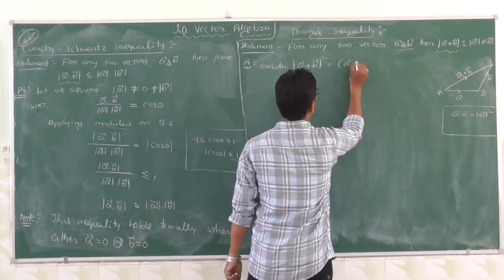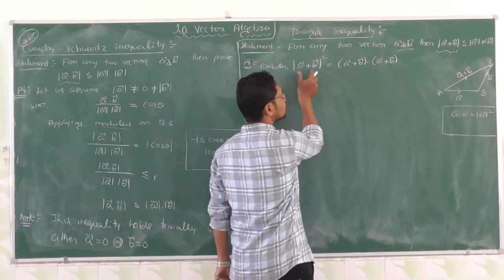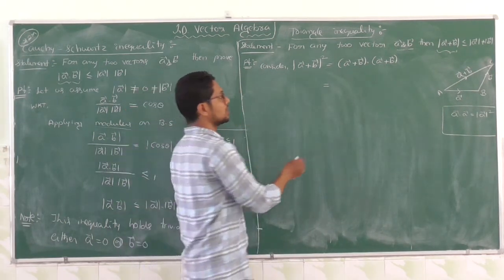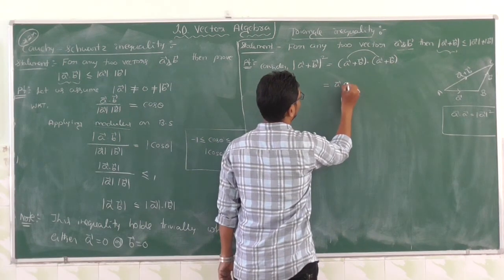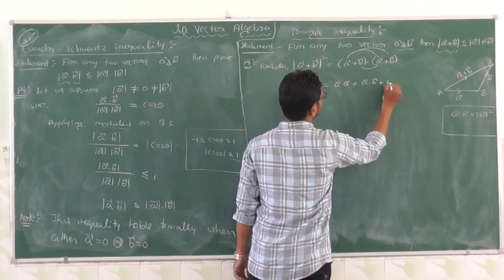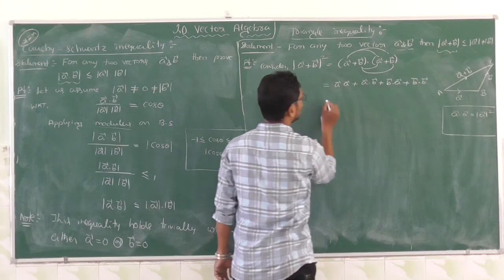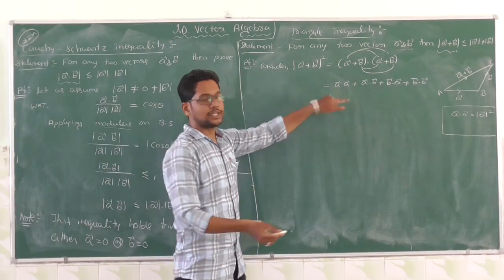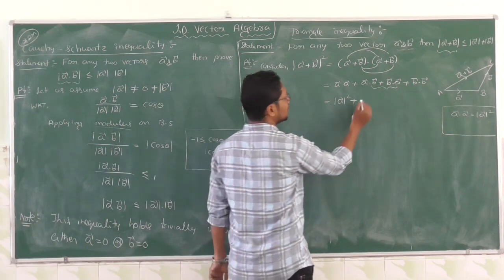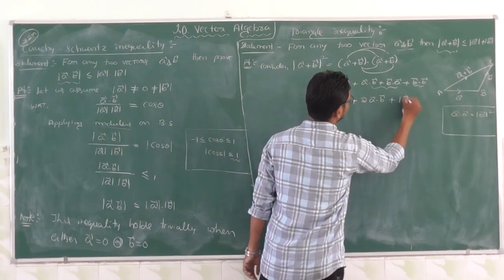A plus B dot A plus B. By using this note point, this is written as A plus B dot A plus B. Now apply the dot product of two vectors: A dot A plus A dot B plus B dot A plus B dot B. That equals magnitude A squared plus 2 times A dot B plus magnitude of B squared.